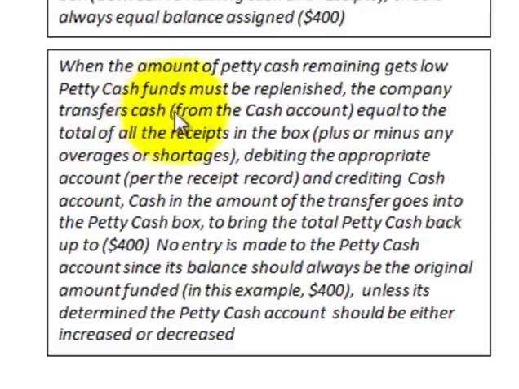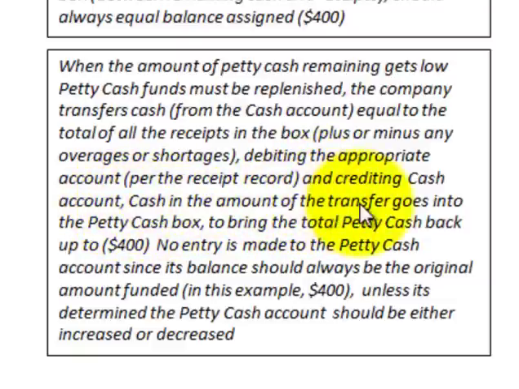When the amount of petty cash remaining gets low, the petty cash fund must be replenished. The company transfers cash from the cash account equal to the total of all the receipts in the box plus or minus any overages or shortages, debiting the appropriate accounts per the receipts record. So whatever receipts they have, they debit those, either as an expense account or some accounts receivable from an employee, and they credit the cash account.